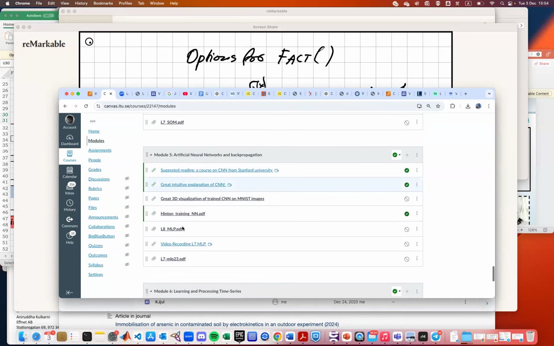Maybe it's here. Yes. Have a look at this PDF. It's a rather old presentation from Hinton about pre-processing and stuff.